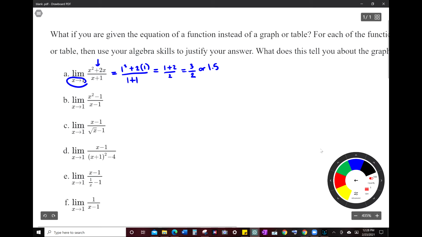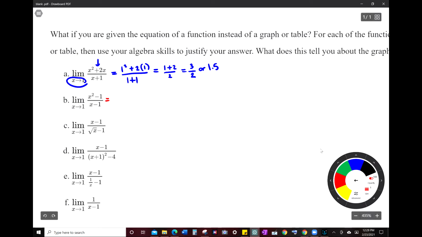For part B, we also have x approaches 1. If we plug 1 into the function, we cannot use direct substitution, because when you plug 1 into the denominator, you have 0, and that means your function will be undefined. Therefore, before we do that, we will simplify it.